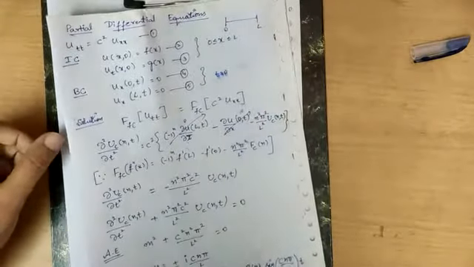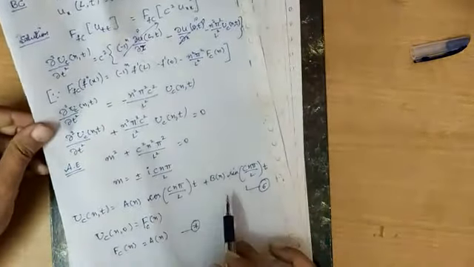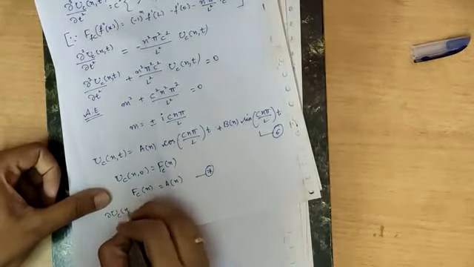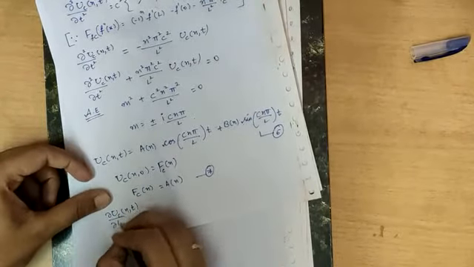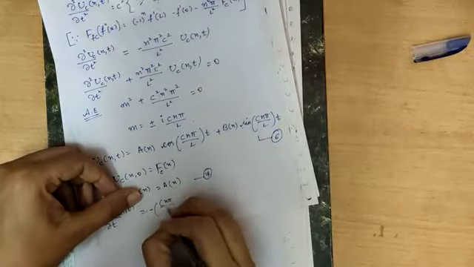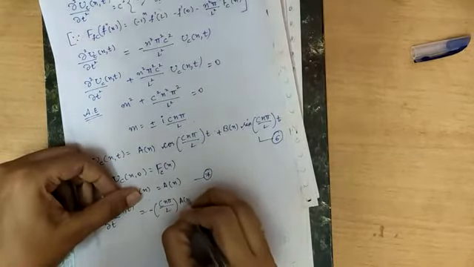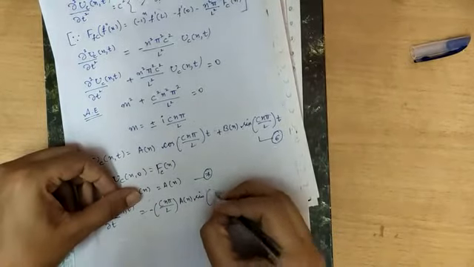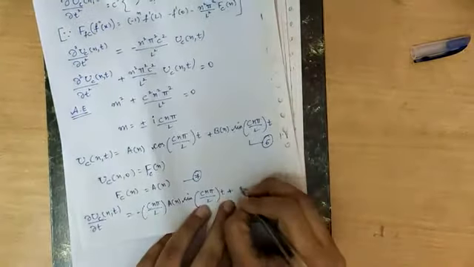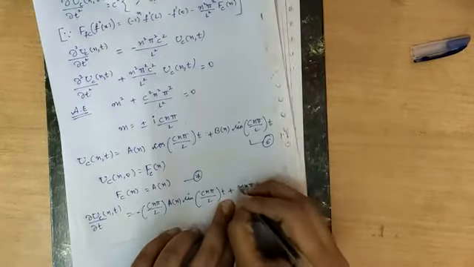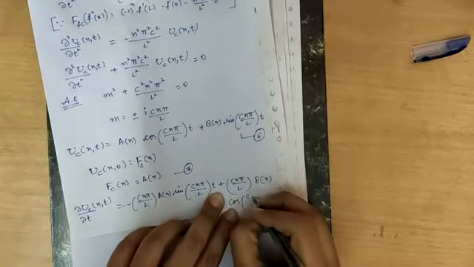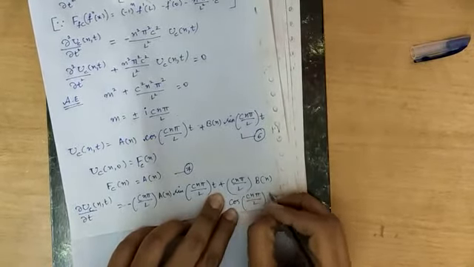So now what you have to do? You have to differentiate your equation number 6. If you differentiate your equation number 6, you will get dou uc by dou t is equal to minus cn pi by L into a of n sine of cn pi by L into t plus cn pi by L into b of n into cos of cn pi by L into t.